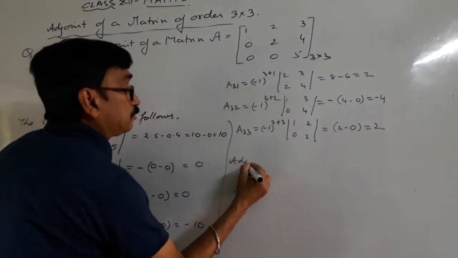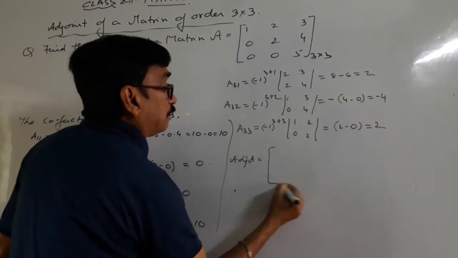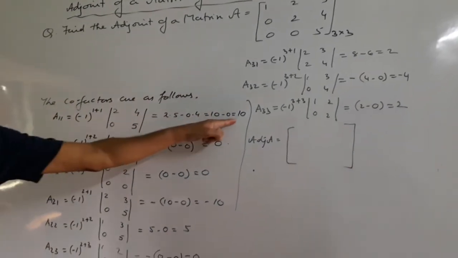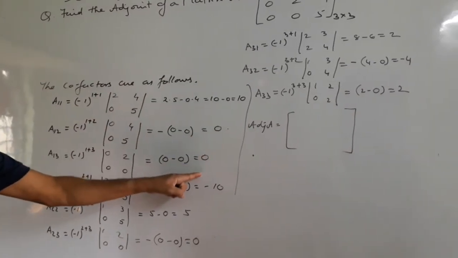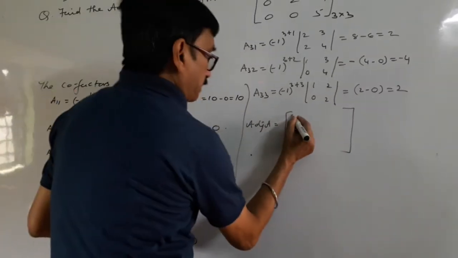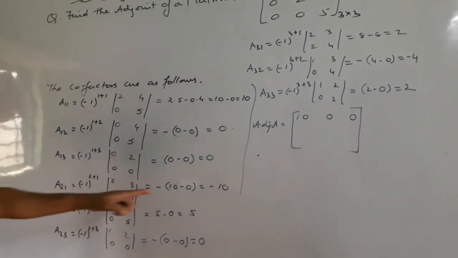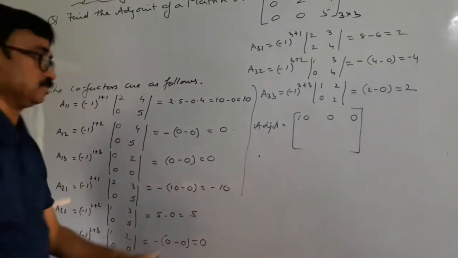Now the adjoint of A will become our matrix of cofactors. The first row is 10, 0, 0. The second row is minus 10, 5, 0.